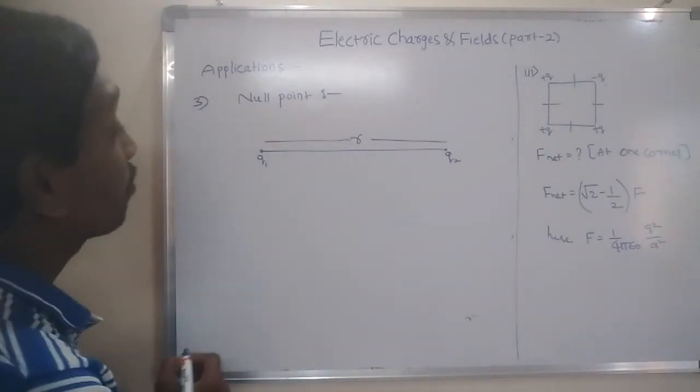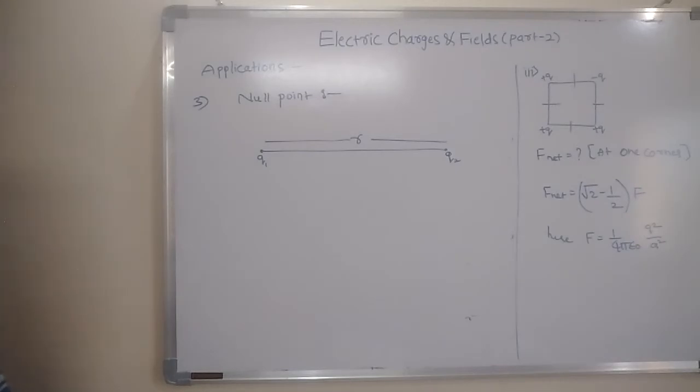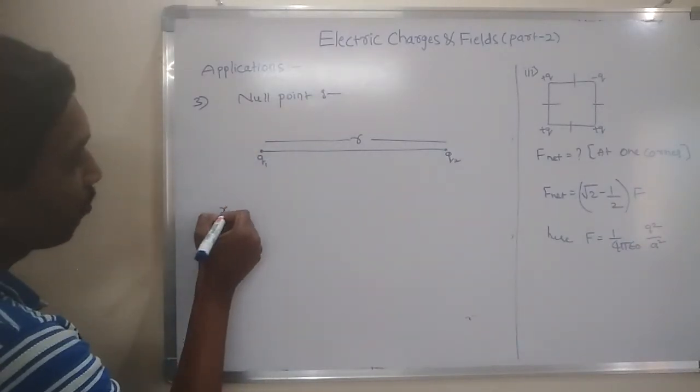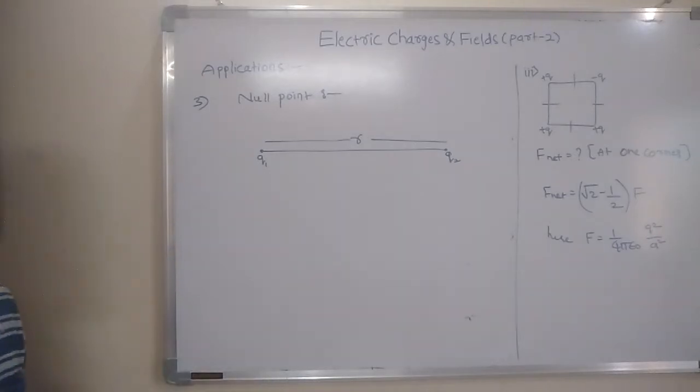That means that expression is to be recognized directly. The derivation is not required. Just recognize the formula here. X stands for the distance of the null point from the Q1 charge.